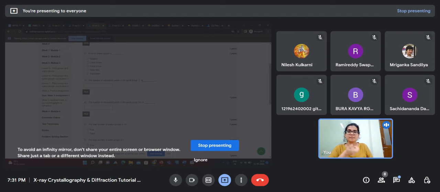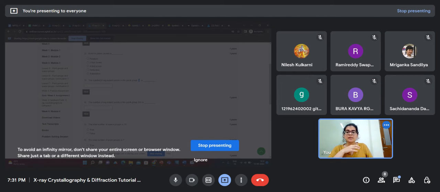So among all the crystal systems, the triclinic system is the most asymmetric system, and in this question they are asking about point group 1 bar. This point group belongs to the triclinic system, because in other crystal systems other symmetries are present, like two-fold, four-fold rotation axis.